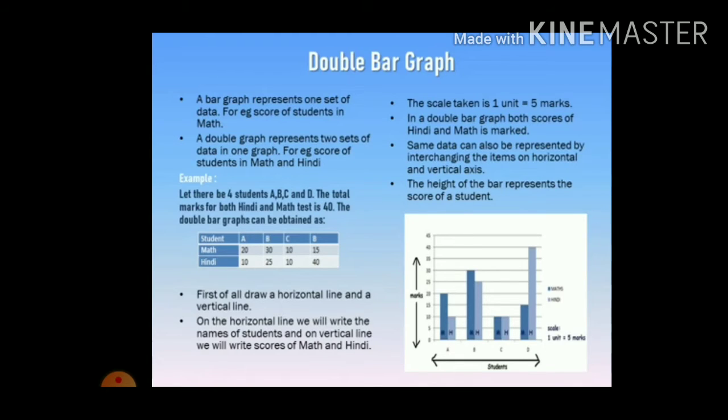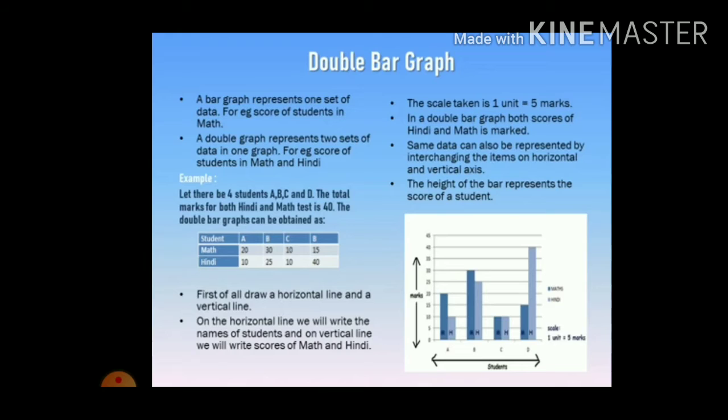Talking about student A, he has performed average in the subject maths, while very poor in the subject Hindi. Similarly, student B has scored more in maths than Hindi, right? So visually we understood the data in a simple manner, right?